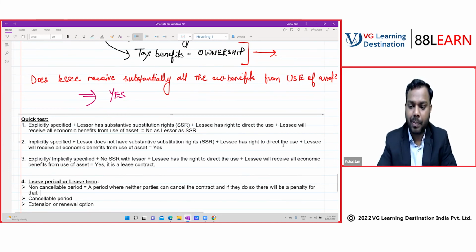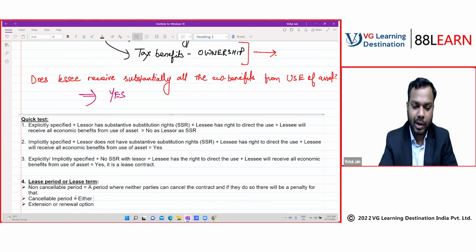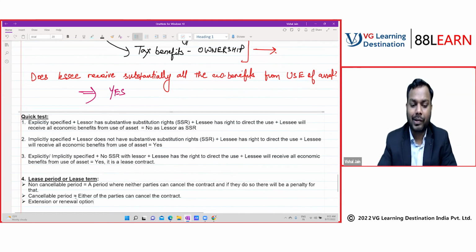What is the meaning of cancelable period? Cancelable period means either of the parties can cancel the contract. What is the extension or renewal option?